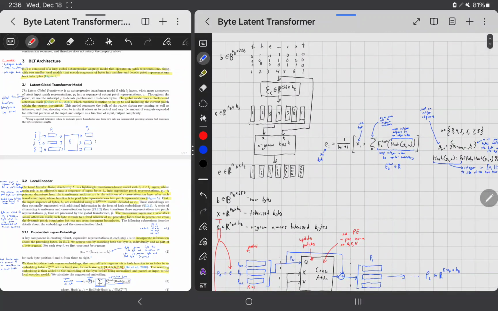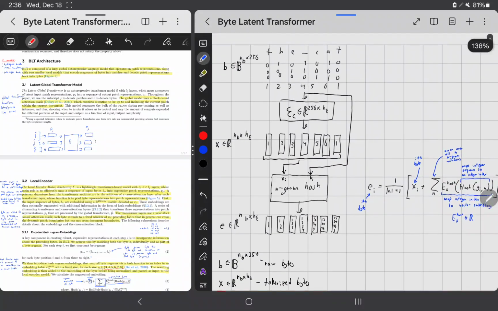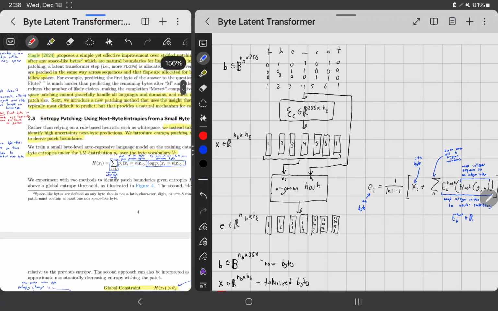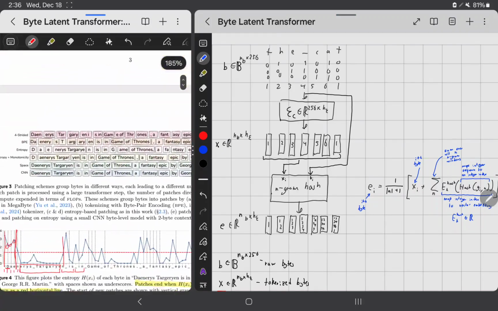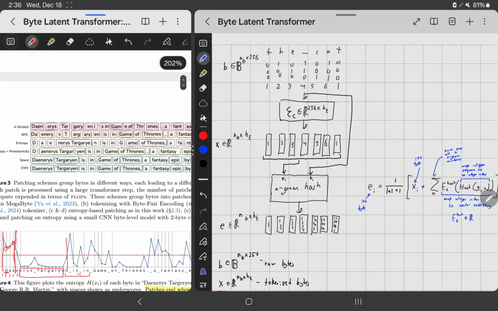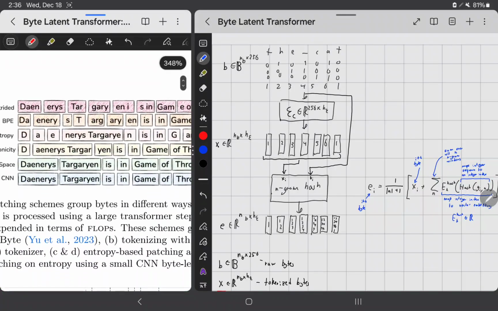We're basically going to tokenize our bytes, and then distill the bytes into patches based off the patchification strategy above. This is a sequence of bytes here, and we're going to distill these bytes into one single patch in some way. And then we're going to throw those through a transformer.